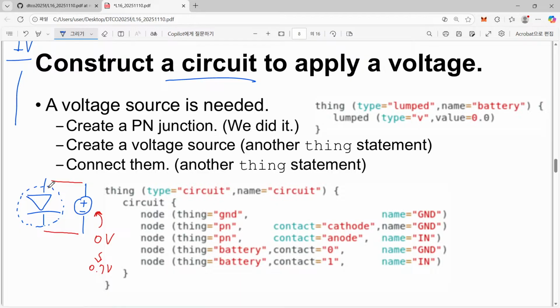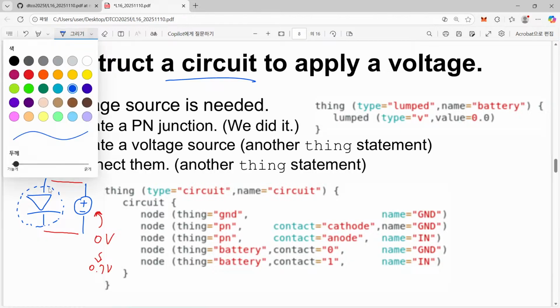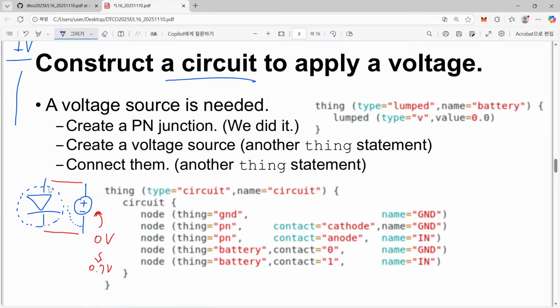So now we have to introduce two additional things. Why do we need two additional things? One is, first of all, we have to declare this voltage source. Without a voltage source, we cannot connect them. So we must declare our voltage source.